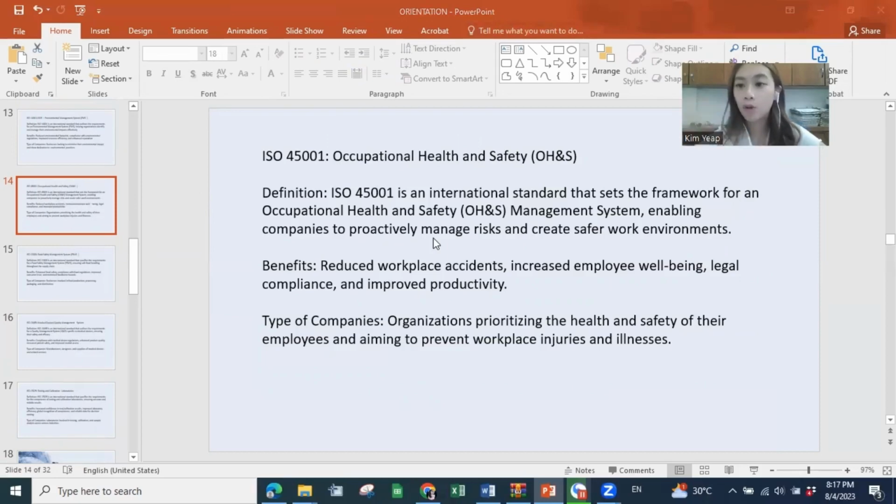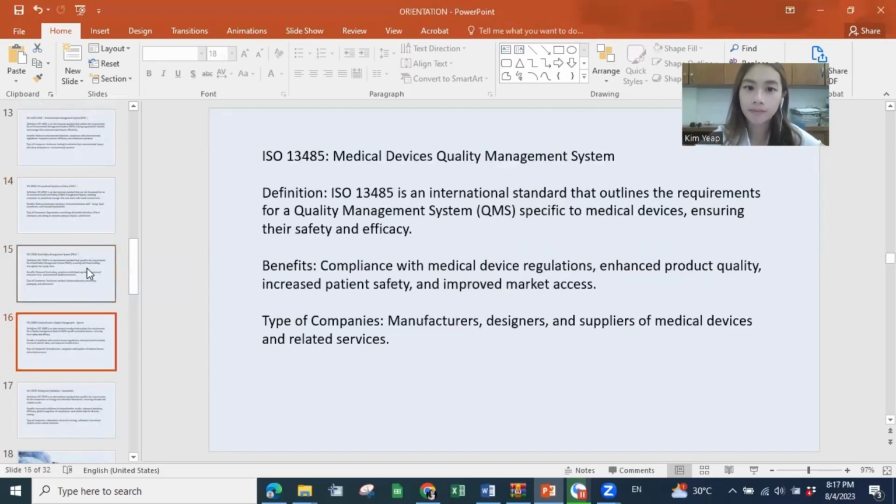The authority, the government, is not going to impose any penalty on you. But if you are a medical device manufacturer, this is a case where the authority tells you that it is mandatory. You must get ISO 13485 for you to manufacture a medical device.